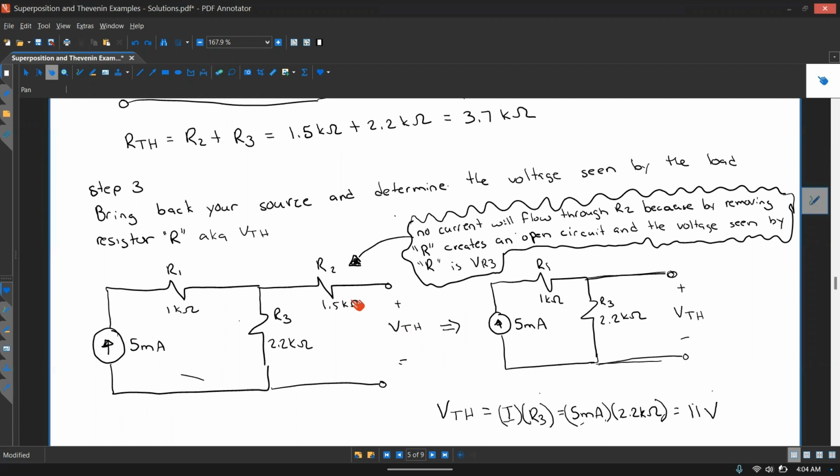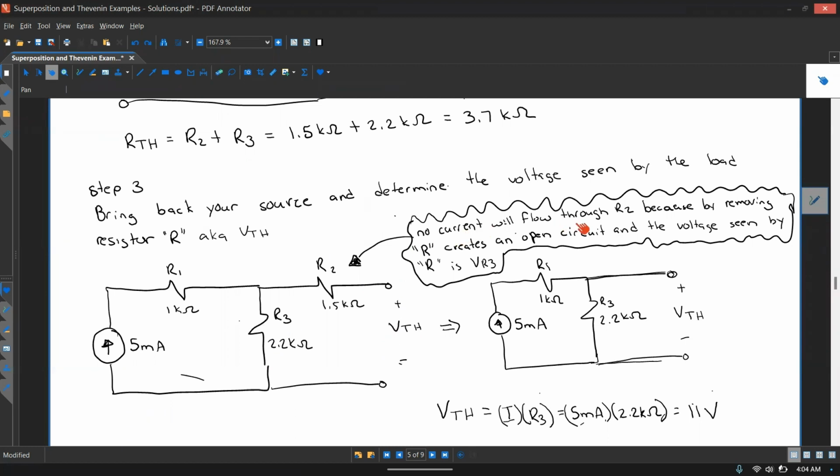I put a little note right here. You may be confused about what to do about this R2. Is it in series or in parallel? It's connected to this open circuit right here, so I'm not really sure what to do with it. But I put a note right here.